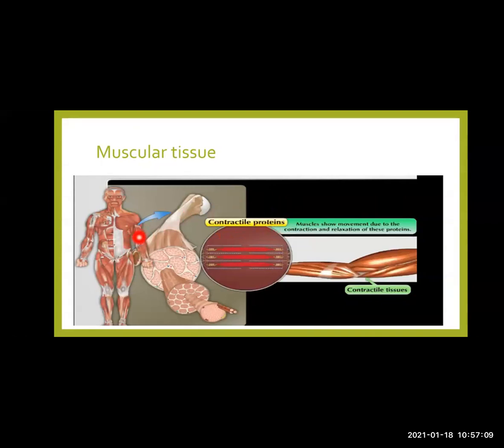These muscle fibers are made up of special fibers known as actin and myosin fibers. These are names of proteins, actin and myosin protein. These are actually the contractile proteins which contract and relax at a particular time and result in movement of the muscles.